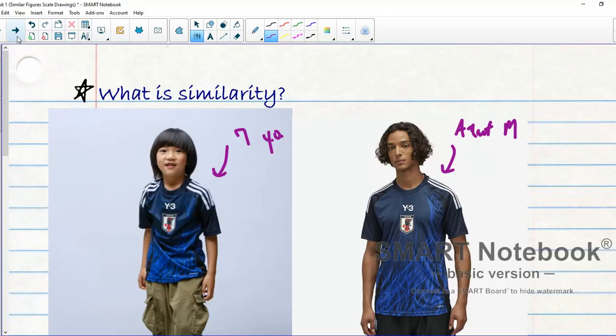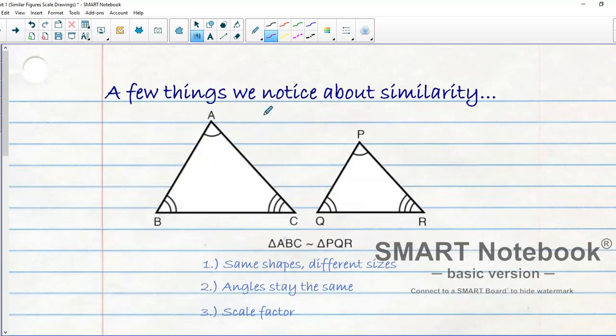And so now, moving on, we're not going to talk about jerseys all day, but a few things we notice about similarity. Here on the left side, we have a triangle. Let's call that triangle ABC. So this is triangle ABC on the left side here.